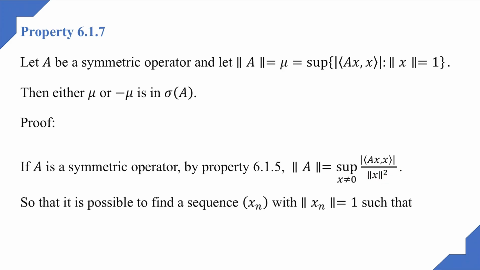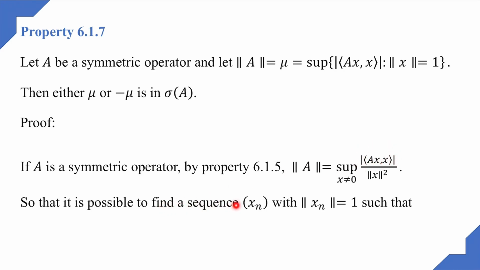So this means when we take norm x equal to 1, norm of A is the supremum over norm x equal to 1 of the absolute value of inner product Ax, x. So norm A is the supremum of this collection.